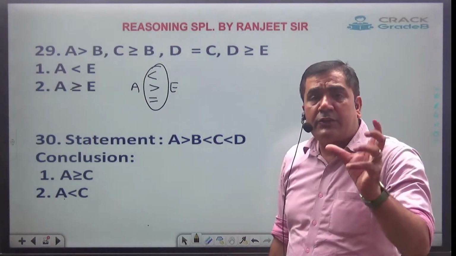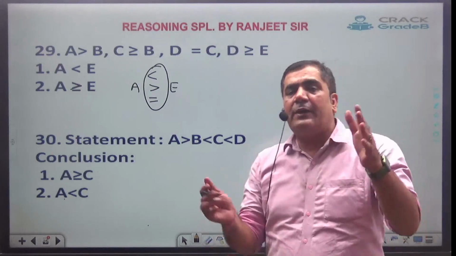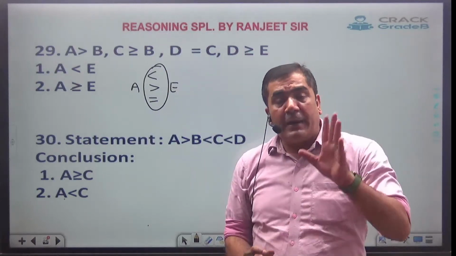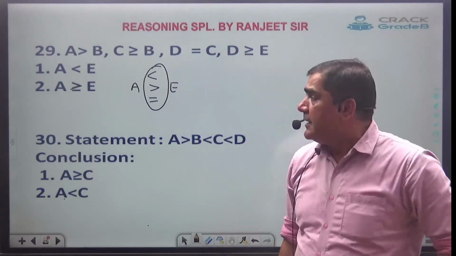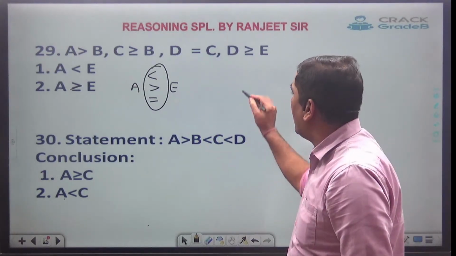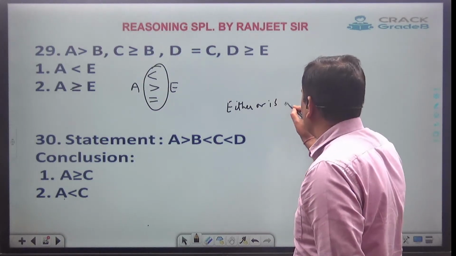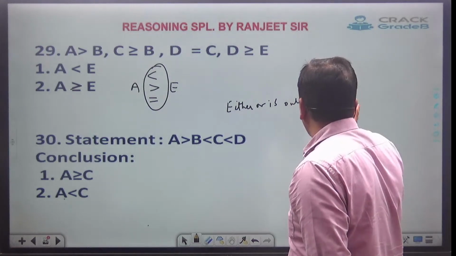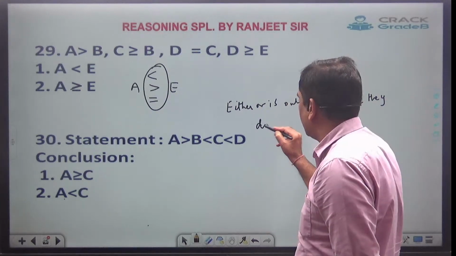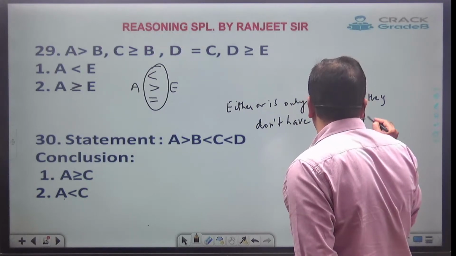Now, if all the three symbols come between any two variables, in case of two symbols I have to combine and then check from the statement. But if all the three symbols come, then either or is only possible. Remember, either or is only possible if they don't have any relation between them.